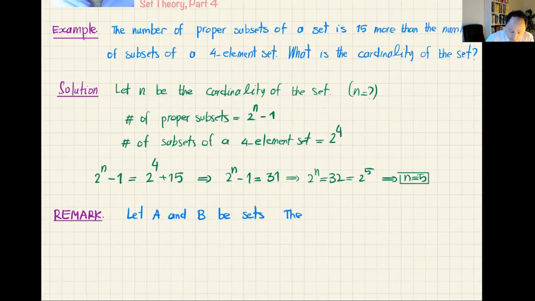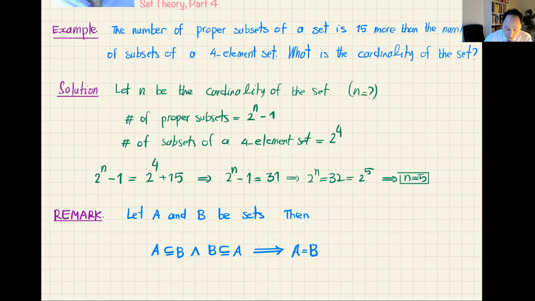If I tell you that A is a subset of B and simultaneously B is a subset of A, what do you think I can conclude from here? B equals A? Yes, they have to be equal. There is no other way.